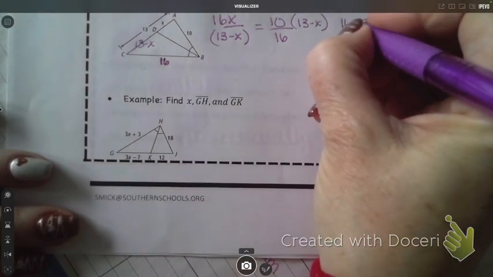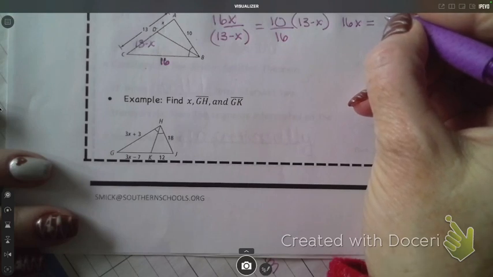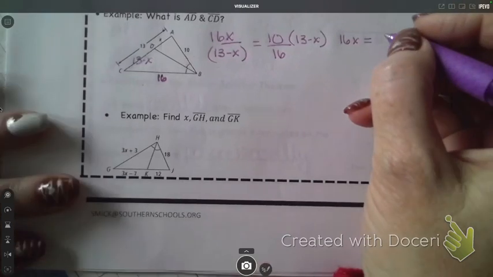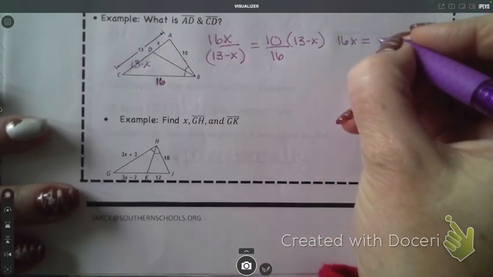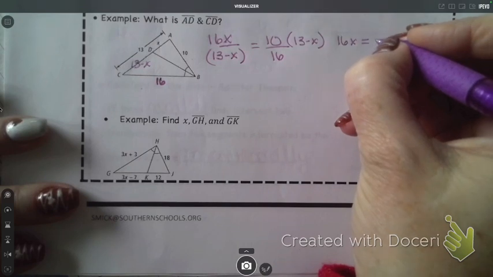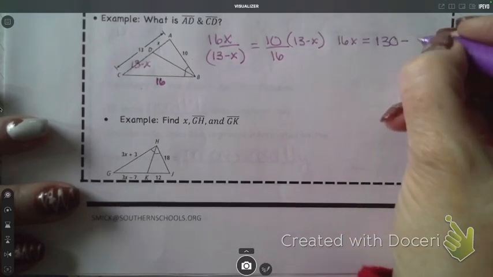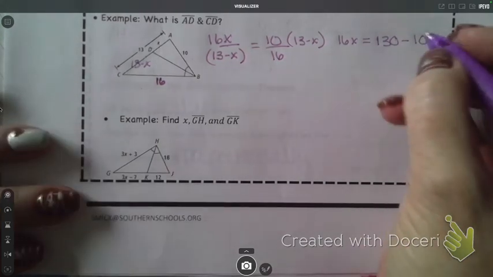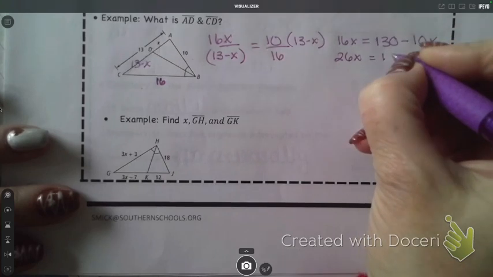So 16x equals what? Negative 10x. I'm doing it differently. Okay. 130 minus 10x. And then that gives me 26x equals 130.